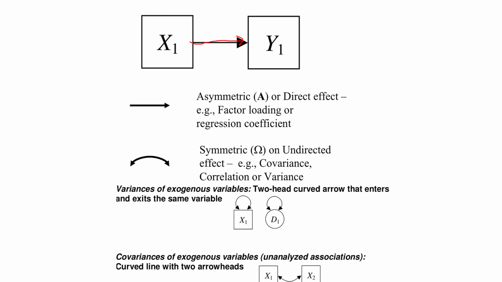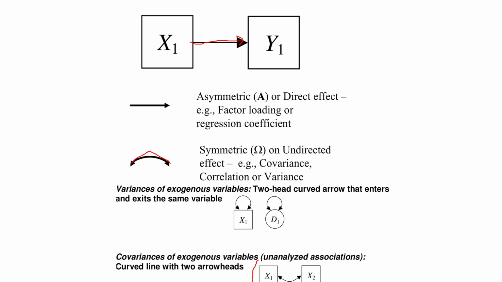So it kind of goes in reverse of the direction of the arrow. I don't know exactly why that is the case, but it's something that's in the syntax that we're going to learn, so you'll hear me say y1 regressed on x1.